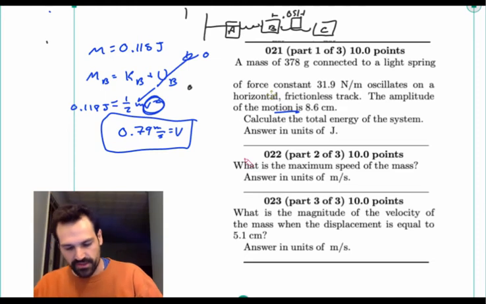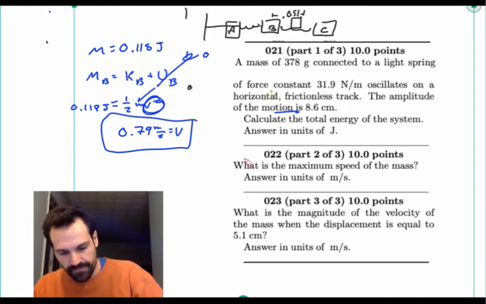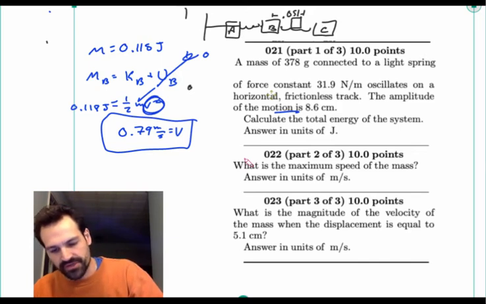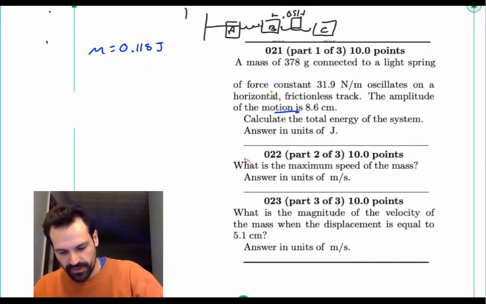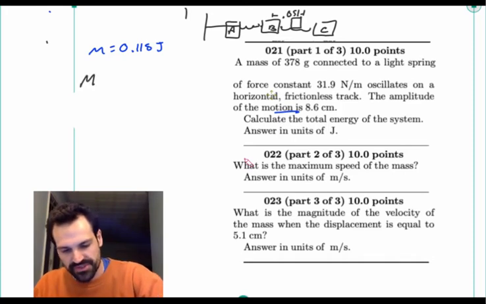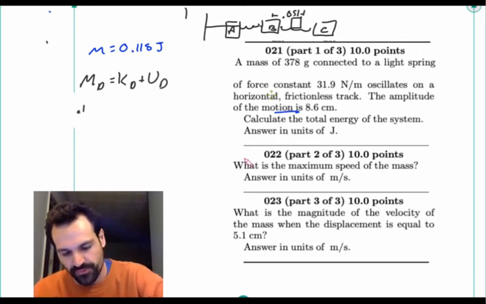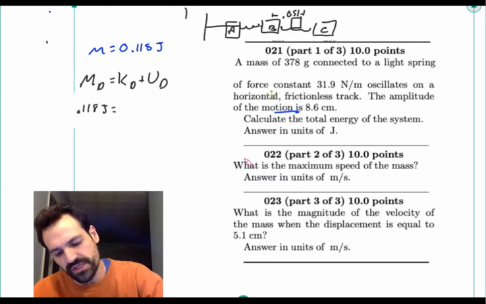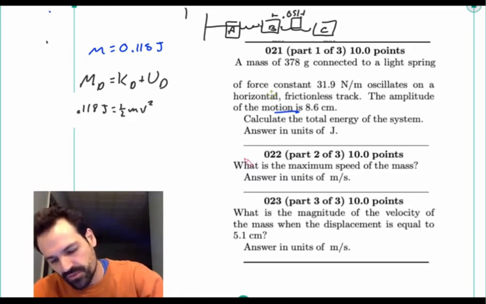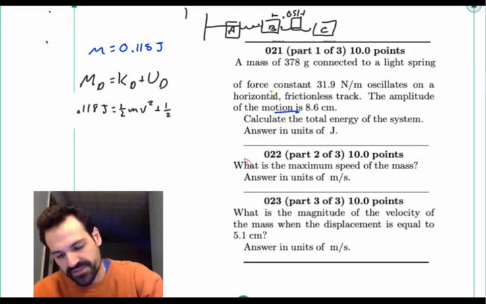So if I clear this area, give myself some room, I'm going to use the mechanical energy at D. So the mechanical energy at D equals the kinetic at D plus the potential at D, because the total energy never changes. So 0.118 joules equals 1/2 mv squared at D plus 1/2 kx squared at D.